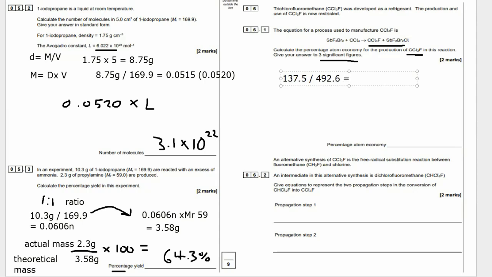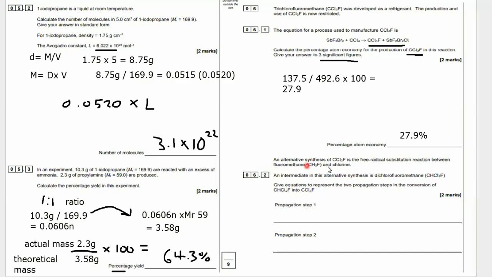We want to times 100 because it's a percentage, and that's going to give us roughly 27.9, so 27.9%. Beautiful. Okay, let's move on.